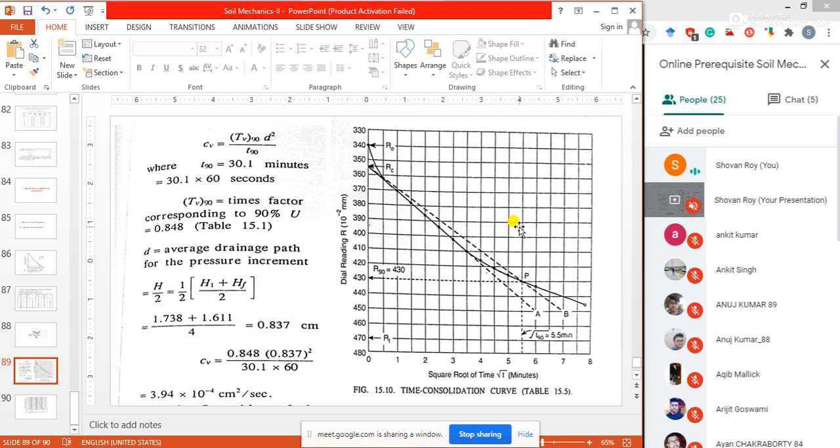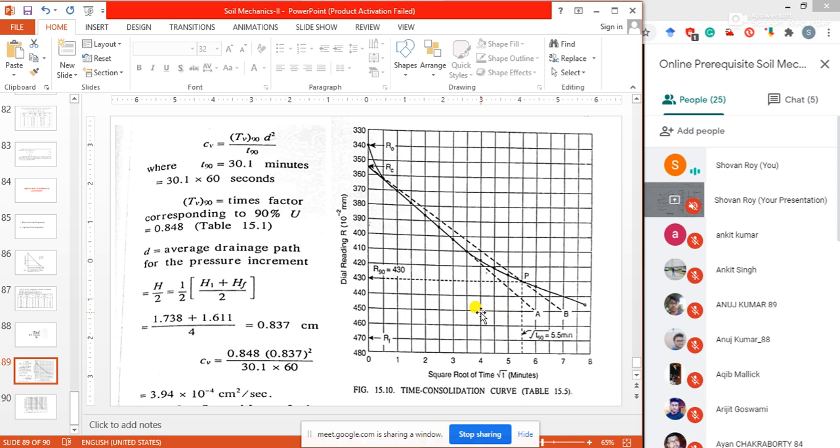We have drawn a tangent line A with our actual consolidation line, and from this line you can calculate our actual initial reading of the consolidation.